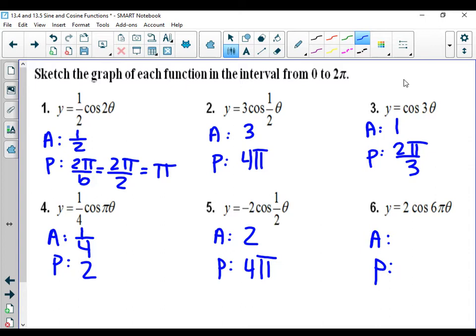Okay, and number 6. Okay. 2 and 1/3. So if I do 2 pi over 6 pi, pi's cancel, 2 over 6 reduces to 1/3.